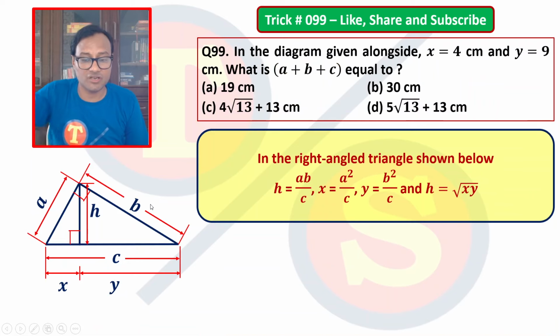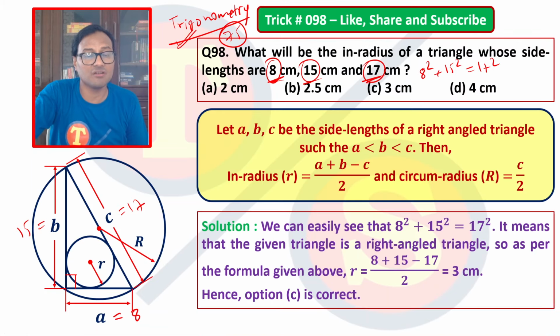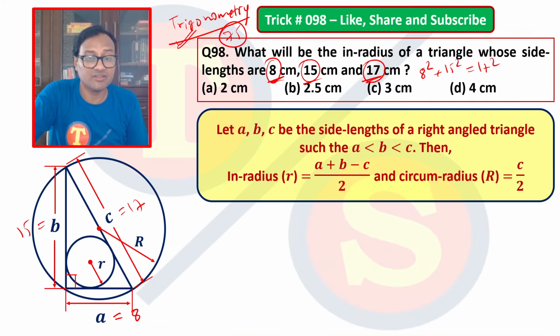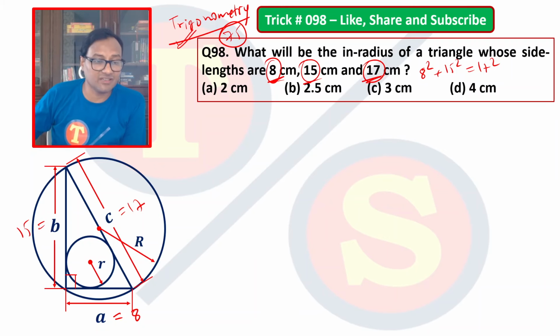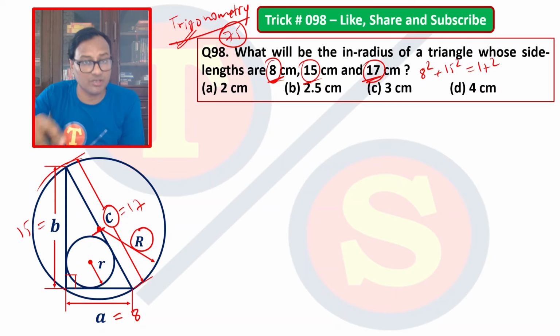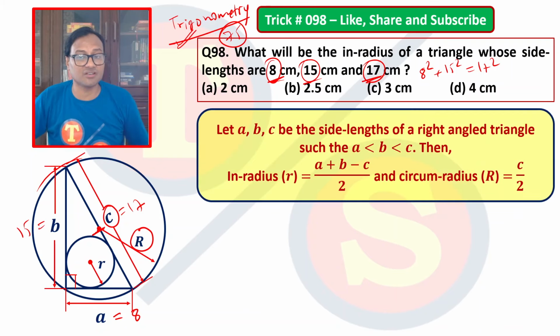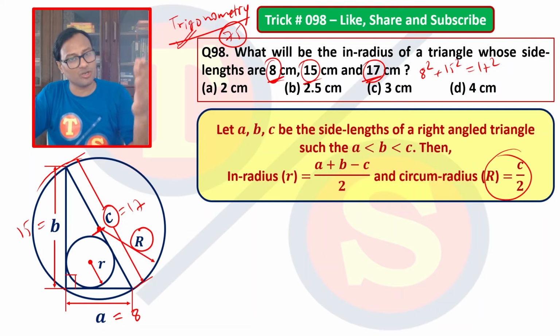So A is the smallest side, then B is the greater side, greater than A, then C is the hypotenuse. In that case, we can find out the circumradius by taking half of C. Why? Because the center of this circumcircle always lies at the midpoint of the hypotenuse. So the capital R, the circumradius, is always half of the hypotenuse. Hypotenuse is basically the diameter of the bigger circle.